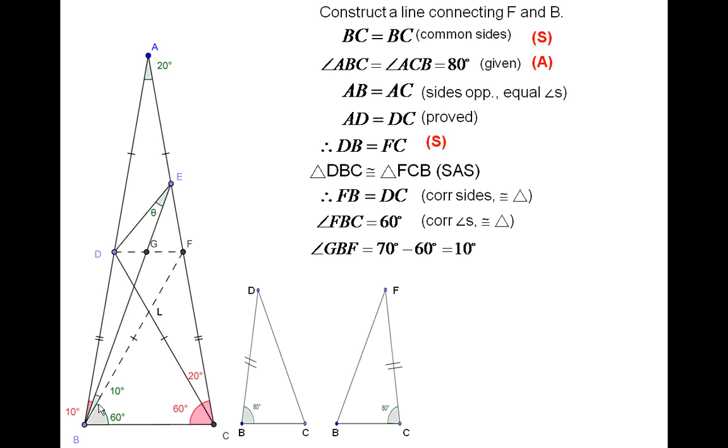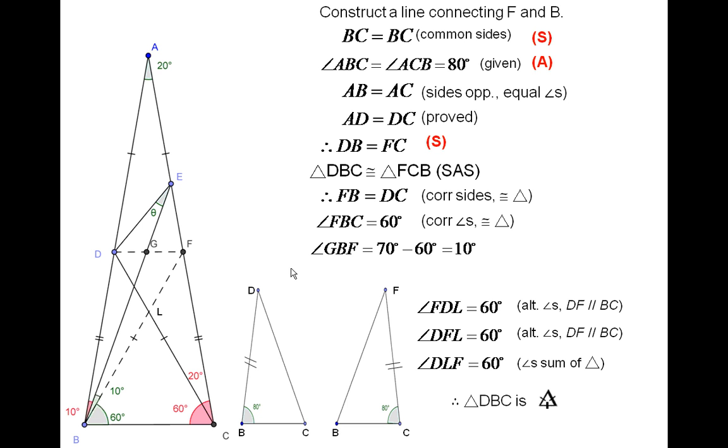For doing that, I can say angle GBF is equal to 10 degrees. There's one more thing I want you to notice: through the alternate angles, which is a property of parallel lines, I can find out that angle D here is 60, and so is angle F. Then by the angle sum of a triangle, we know that the third angle is also 60 degrees.